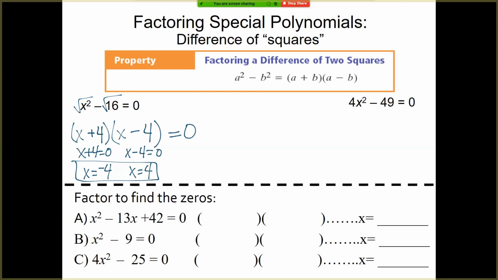Take a minute and see if you can solve the question on the right. So two terms, no greatest common factor, got that minus sign in the middle, so check to see if it's a difference of squares.